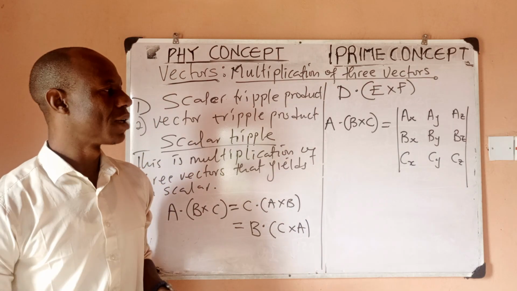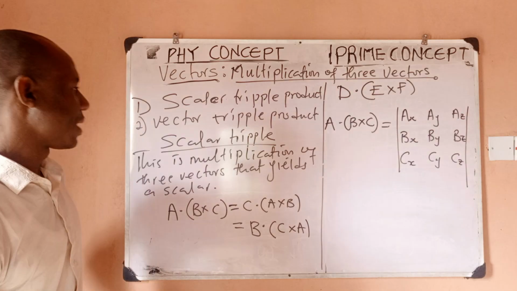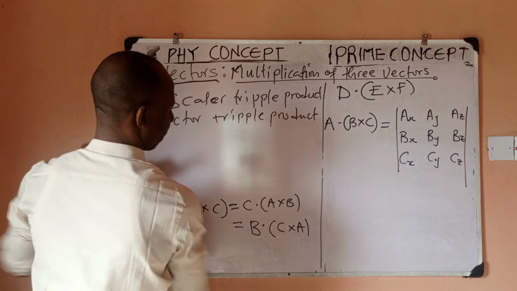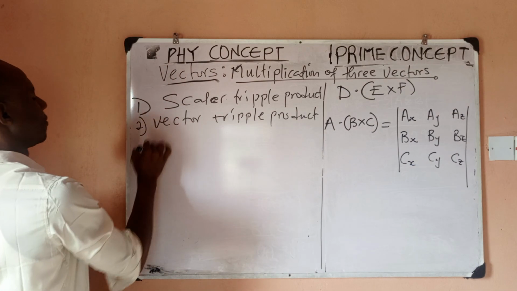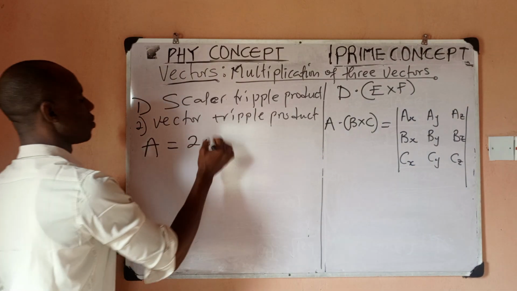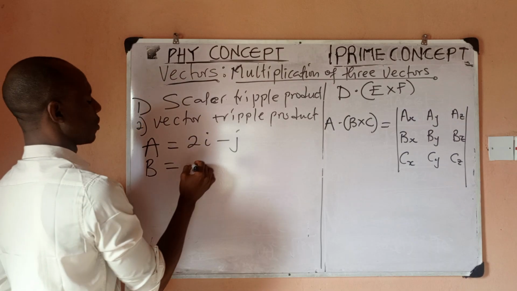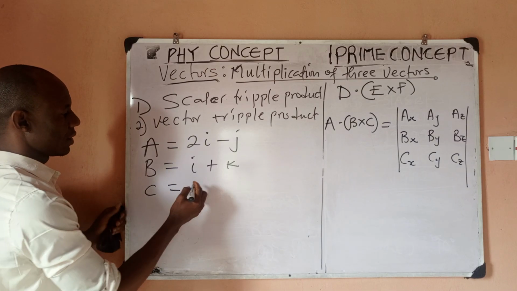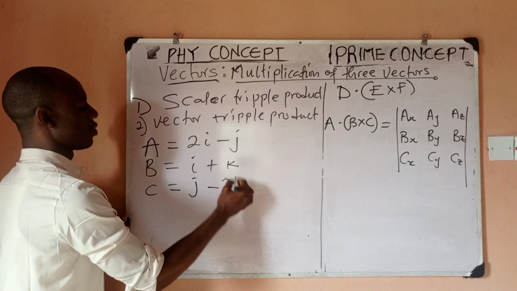So I'll take a quick example that will help us digest and understand this. Let's say we have A equals 2I minus J, B equals I plus K, C equals J minus 2K.